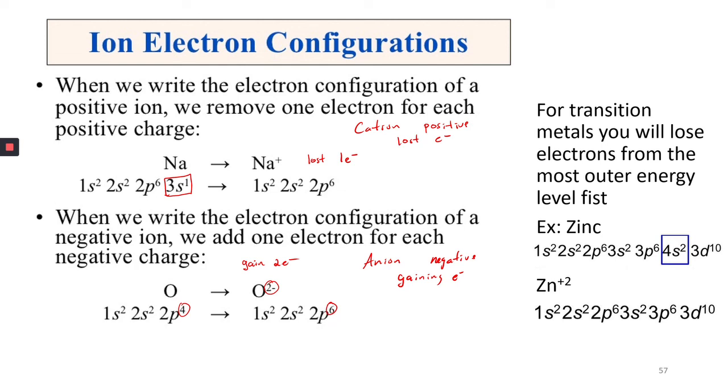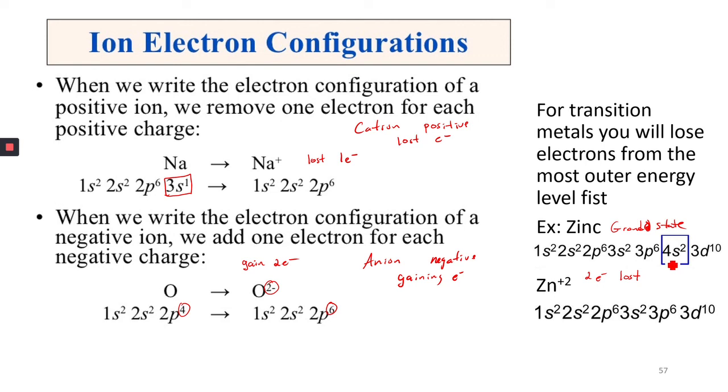Now what if you're a transition metal? Okay, transition metals, remember we fill our 4s before our 3d, we fill our s before our d. It doesn't have to be 4s and 3d, that's just the first row. So here is the normal ground state. When we lose our electrons, because this is losing 2 electrons, you have to lose them from the energy level that is the furthest away from the nucleus first.